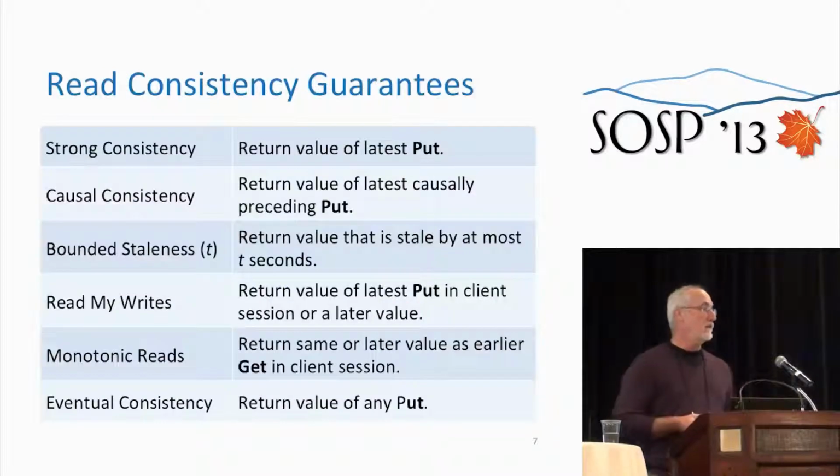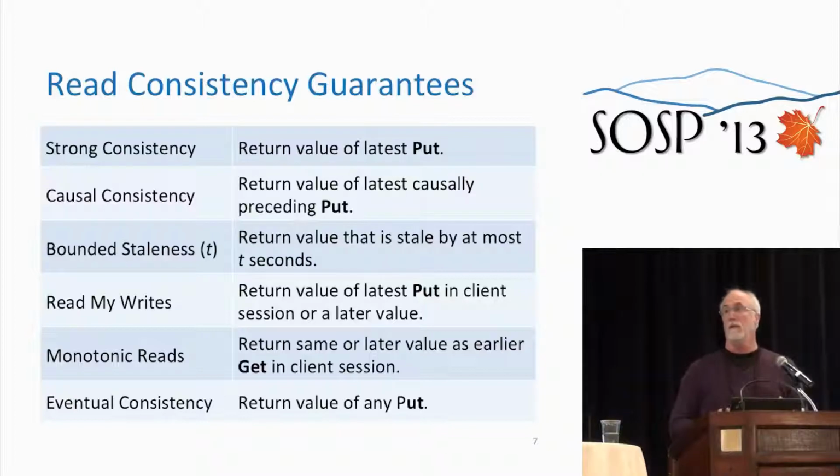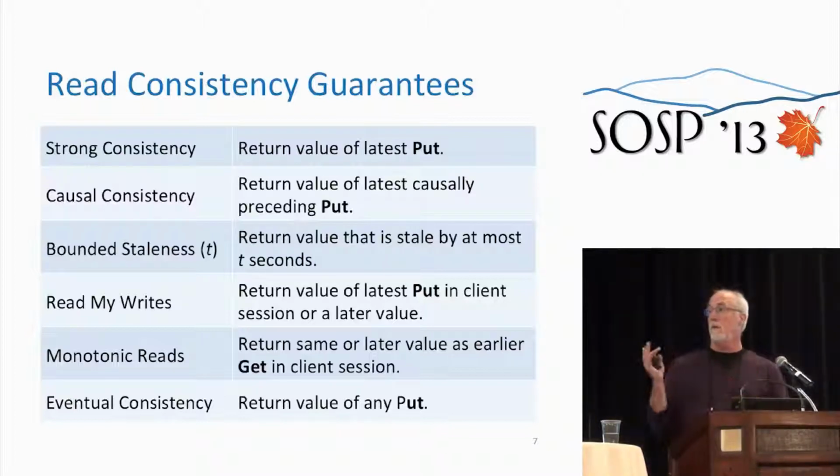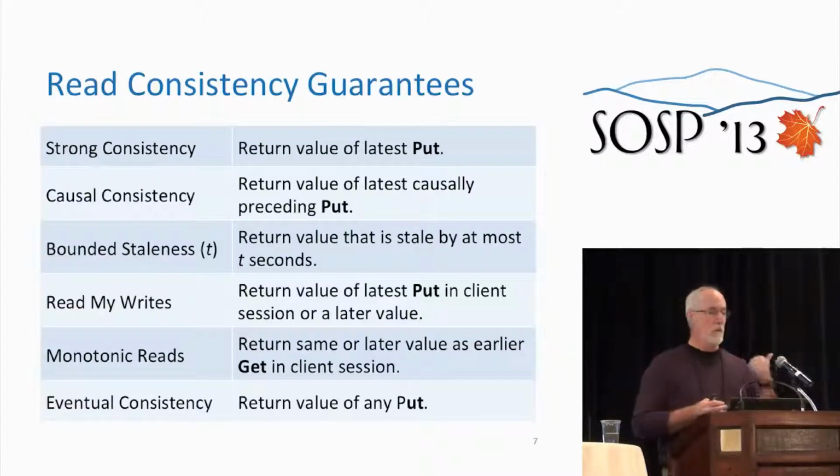Okay, so what sort of consistency choices do we allow you to put in these SLAs? In addition to strong and eventual consistency, we support 4 intermediate consistency choices. We support causal consistency, bounded staleness, read-my-writes guarantees, and monotonic reads. All of these are described precisely in our paper.